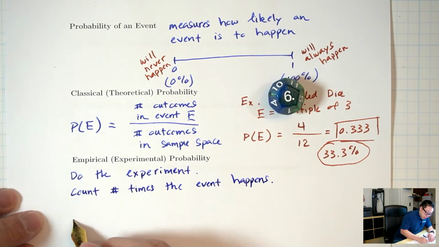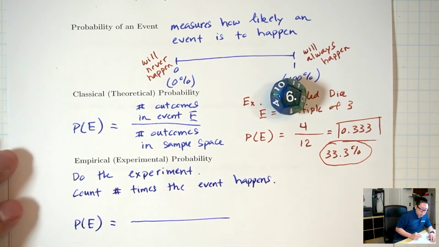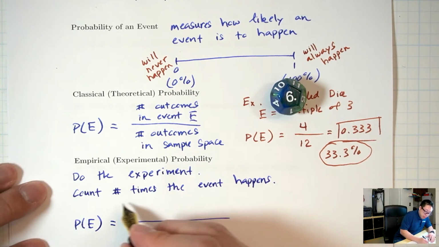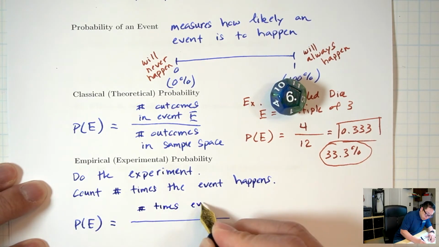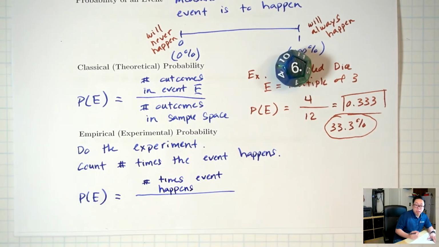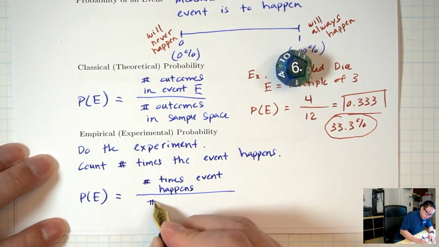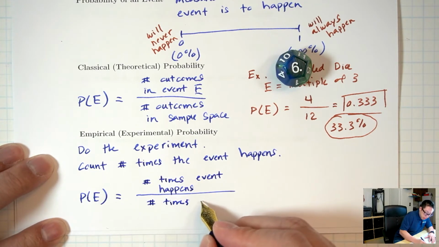Okay, and the calculation is going to be, on top is the number of times the event happens. And then on the bottom, the number of times you did the experiment. Number of times experiment was done.